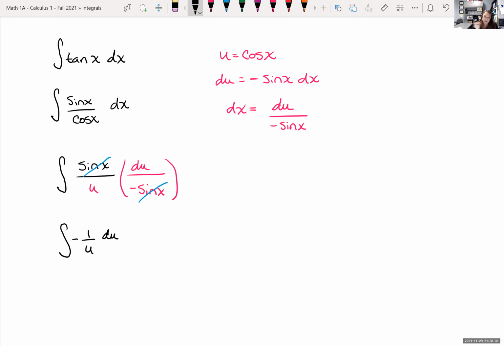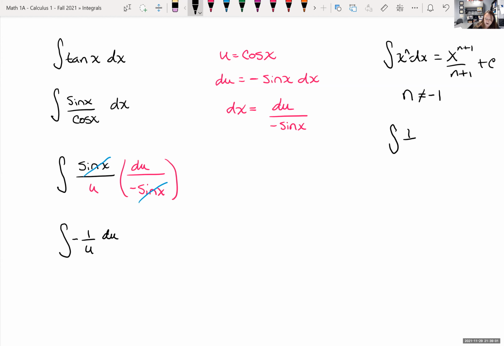Okay, so this is where you have to remember what the antiderivative of 1 over u was. Remember the antiderivative of x to the n dx? That was x to the n plus 1 all over n plus 1, plus c. But n could not equal negative 1. Notice our n value would be negative 1.